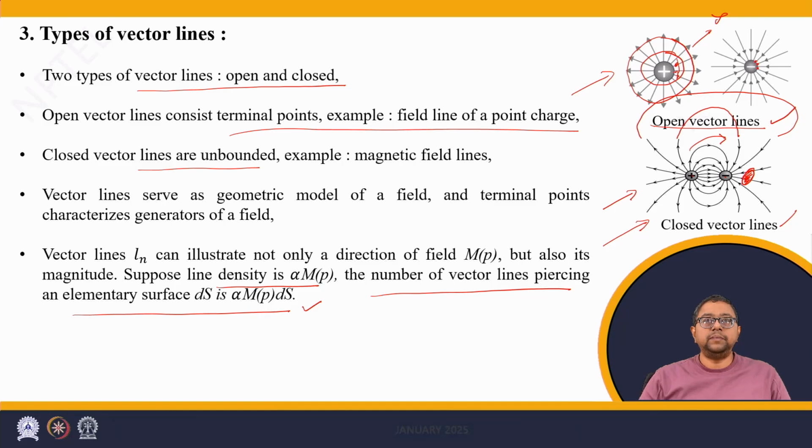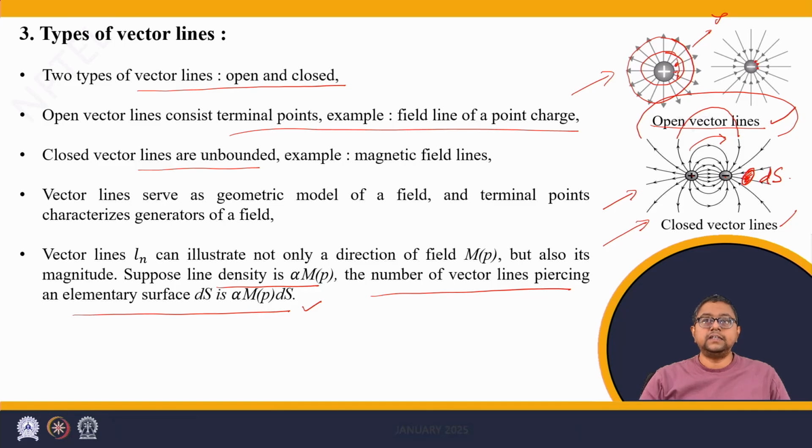Consider this elementary surface. If the line density is alpha mp, then the number of vector lines would be simply a multiplication of the density with the surface area, that is alpha mp into ds.